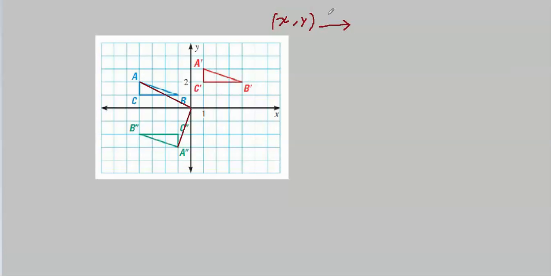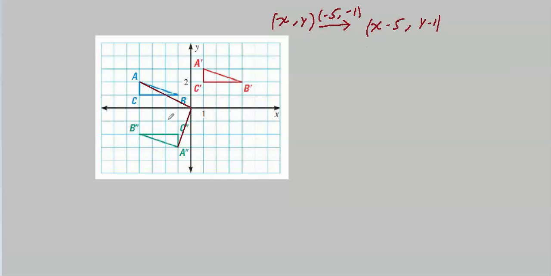Okay, so that's minus 5, and it goes down 1. So our first translation is minus 5, 1, or we could write it this way. That's our translation.